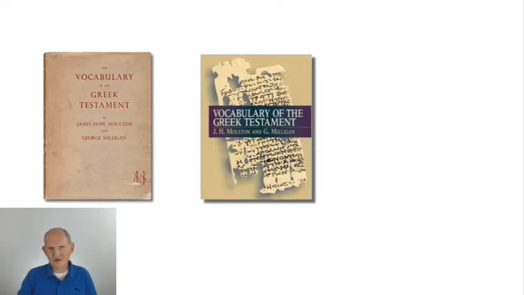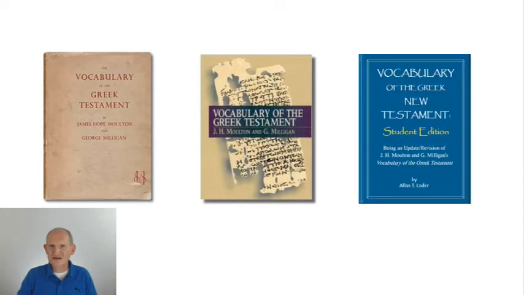So what started as a way for me to keep up with my Koine Greek studies has now evolved into me finishing what Moulton, Milligan, and Deismann had started all those years ago. That is, to produce a lexicon illustrating how New Testament words were used in the broader Greco-Roman world. So this new edition I call Vocabulary of the Greek New Testament Student Edition, or VGNTS for short.